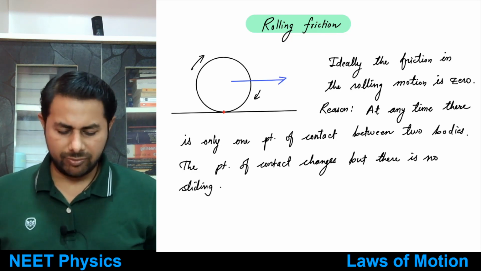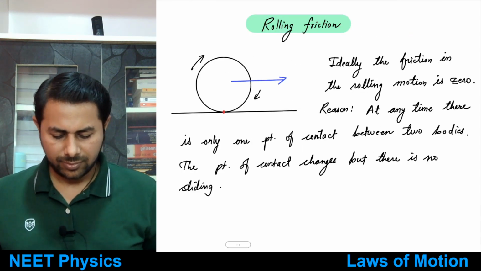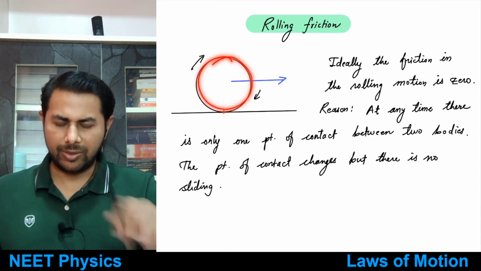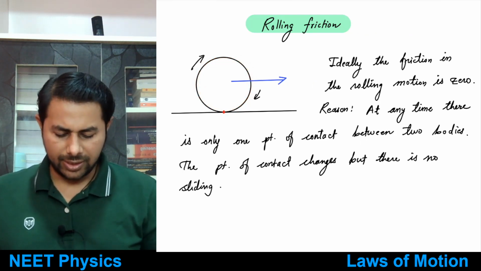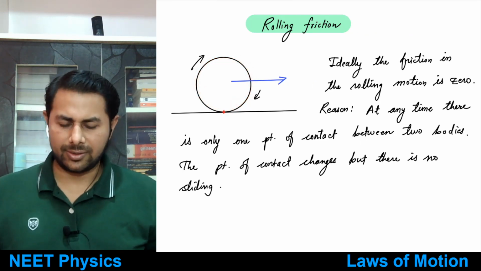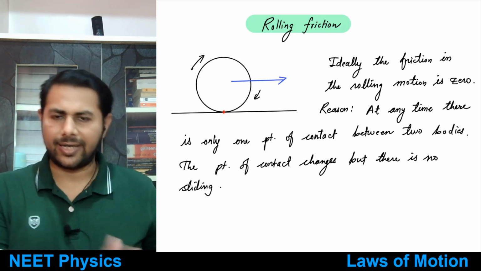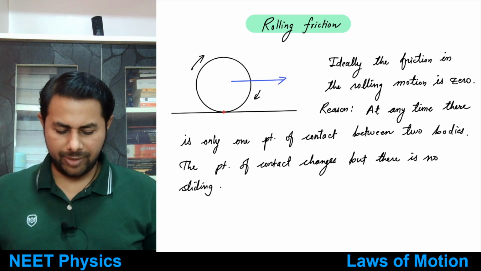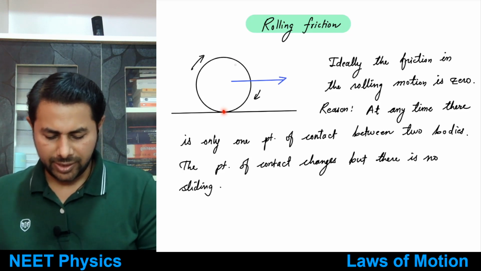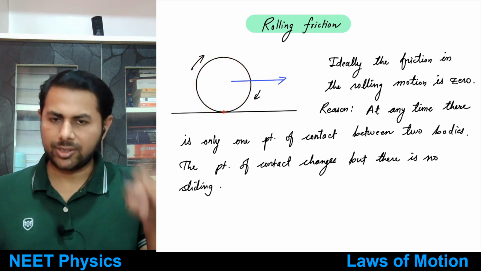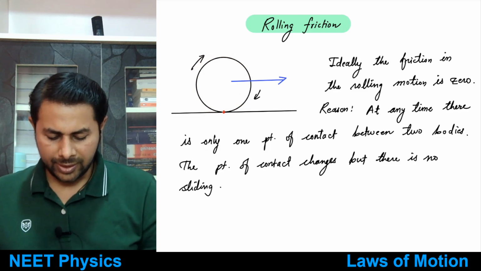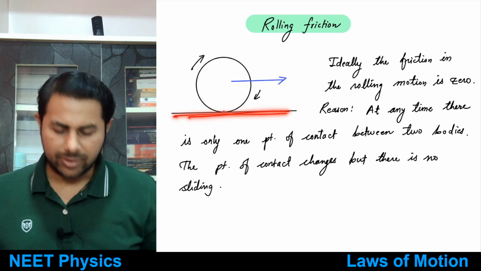We know that if one body is rolling over another body, then friction will be very, very less. Ideally the friction is 0 because this is not at all sliding over another body. Suppose this circular wheel is kept over this horizontal surface.